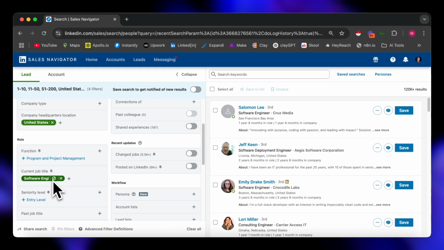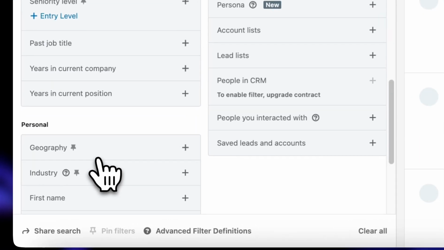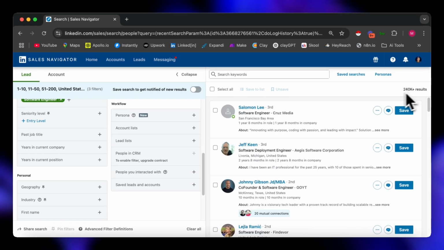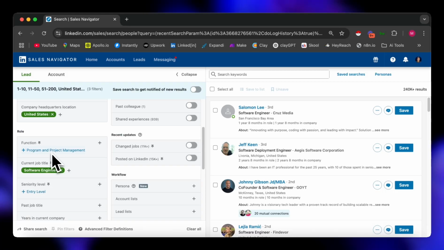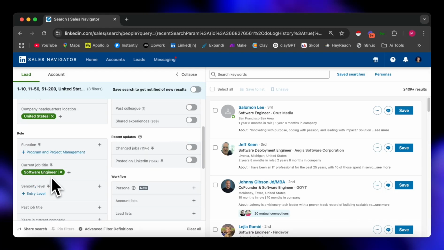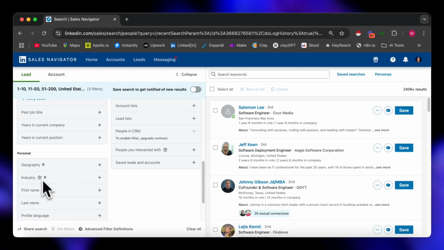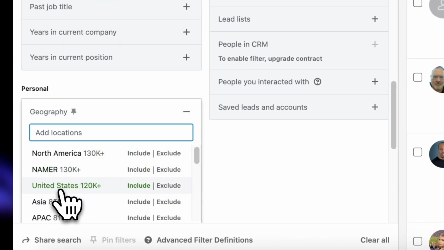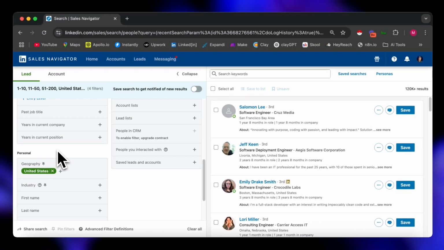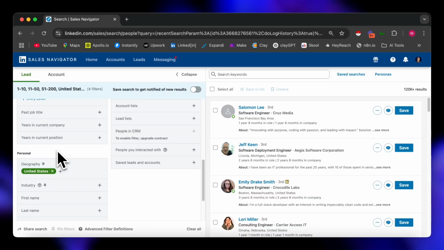And while we have a software engineer, I'm just going to leave that one job title because that's going to be good enough for my ICP. We have 120,000 results. And just because I love playing with this, and we really need to always keep our eye on the upper right, just by simply saying that we want companies in the United States that have 1 to 200 employees and that they are software engineers, we have effectively halved our list, because we're saying I don't want those software engineers that are in Eastern Europe or in Asia or wherever.